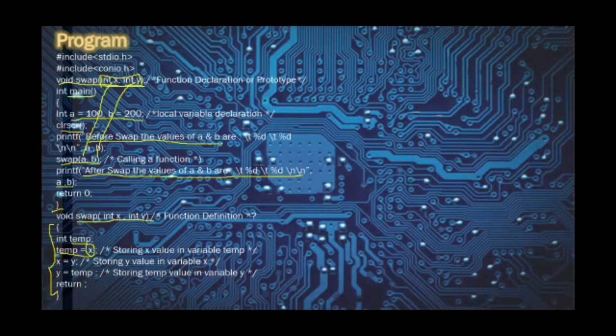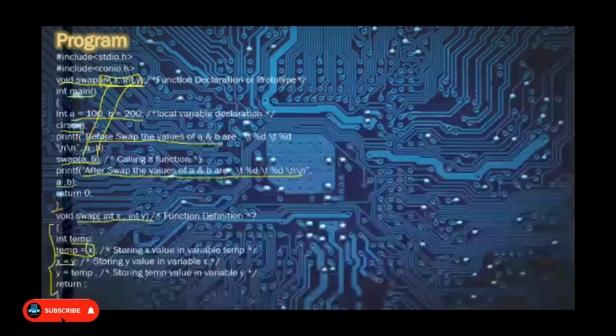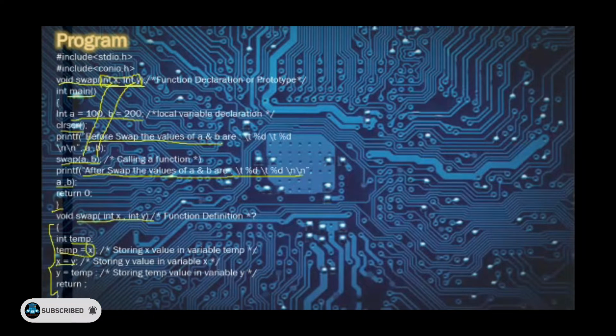So here the value of x is assigned to temp, and the value of y is now assigned to x. Then the value of temp, which is already storing the value of x, is assigned to y. So now the values have been interchanged.